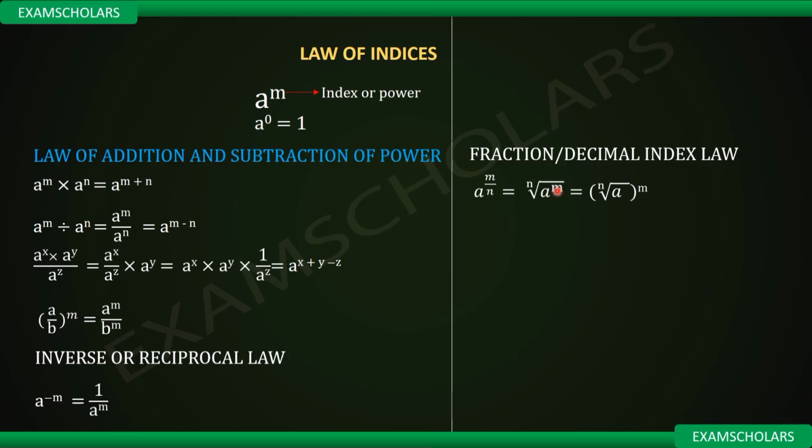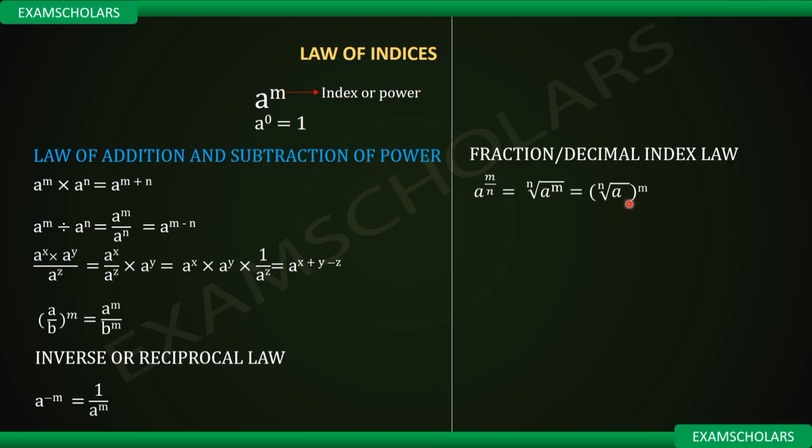You can do it this way, which means that you give preference to the power before the root. It's still the same thing as giving preference to the root before the power. So you can use this or this, you still get the same thing. So you now have the nth root of a here, and everything you raise to the power m. You still get the same.